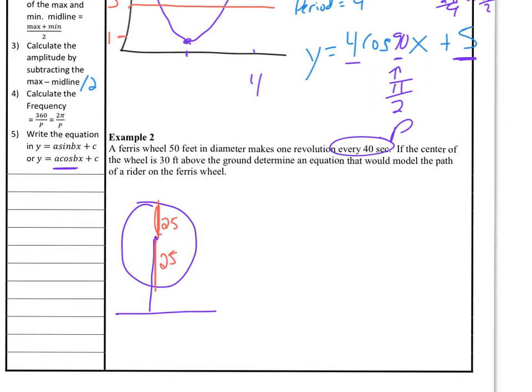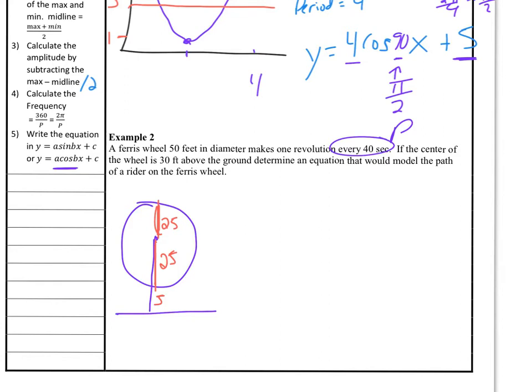So it says the center of the Ferris wheel is 30 feet above the ground. So if the center of it, which I have being very oddly placed right here, not the actual center, is 30 feet, that means the very bottom portion of the Ferris wheel is only 5 feet above the ground. Okay, so it's 5 feet above the ground.